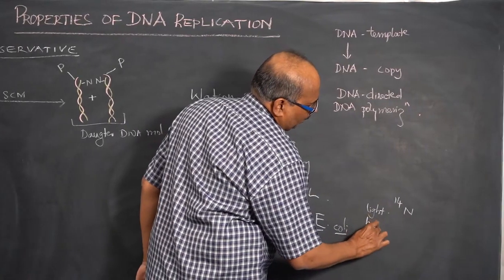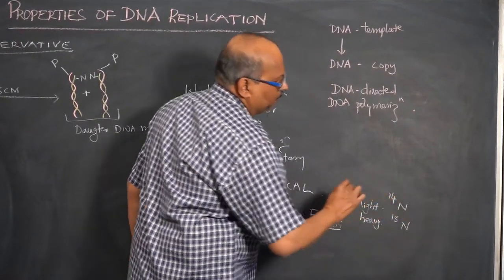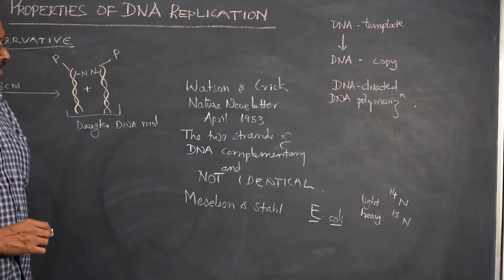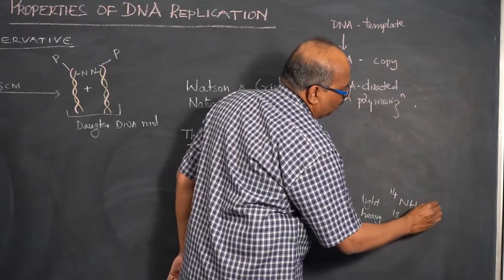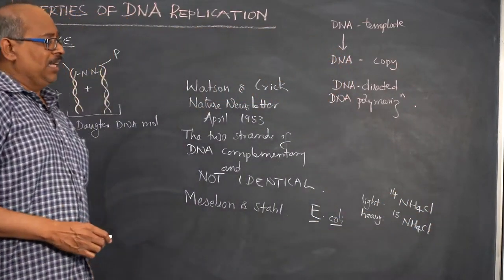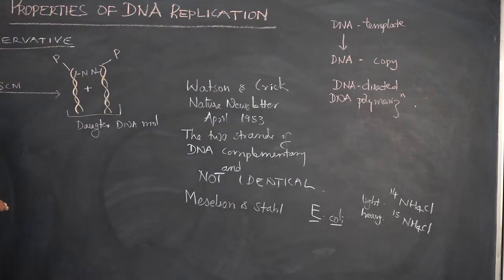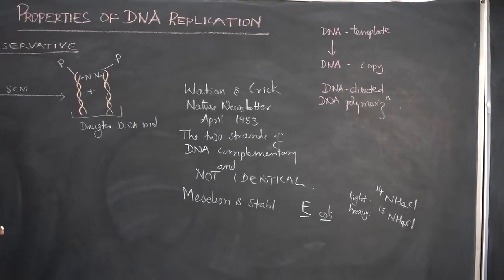The second one, the heavy isotope, which we call N15. And they had ammonium chlorides of light and heavy nitrogen. These ammonium chlorides were provided as a nitrogen source, and then they carried out the experiment.